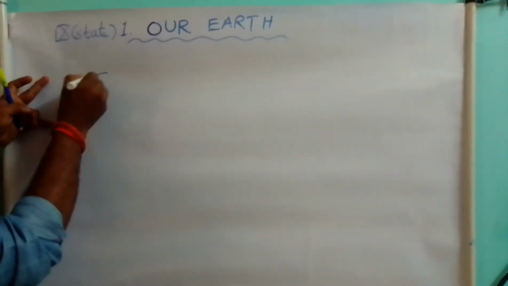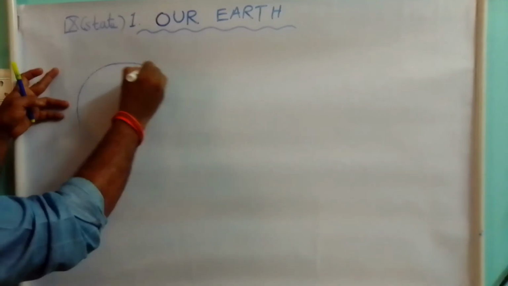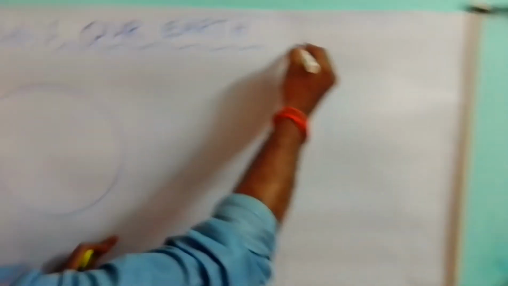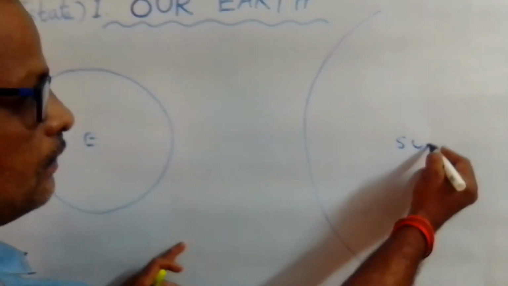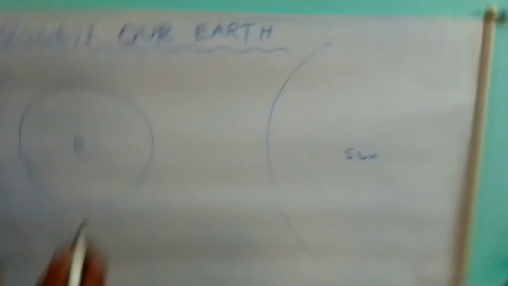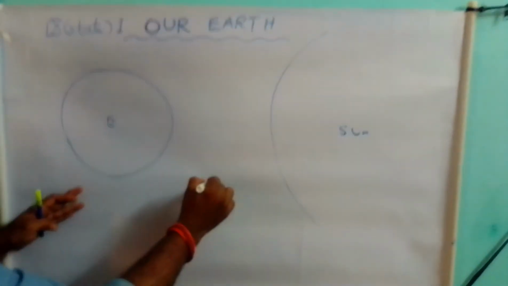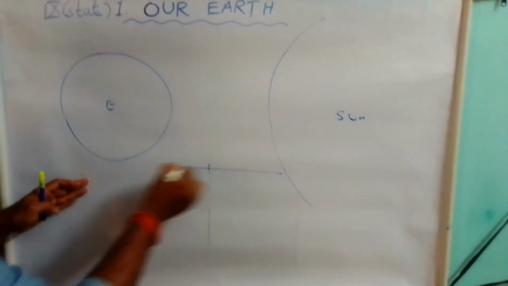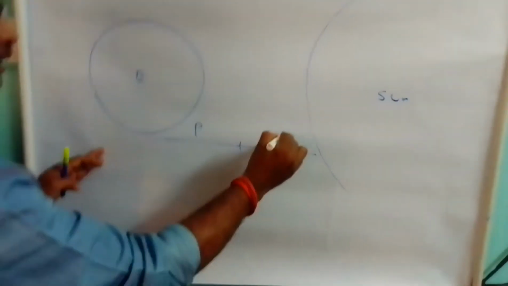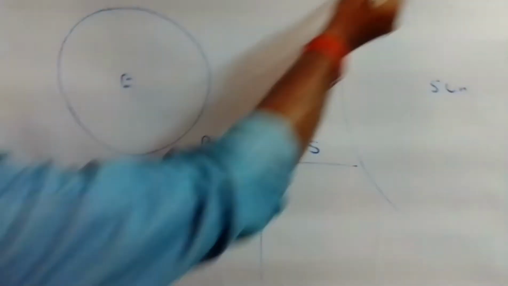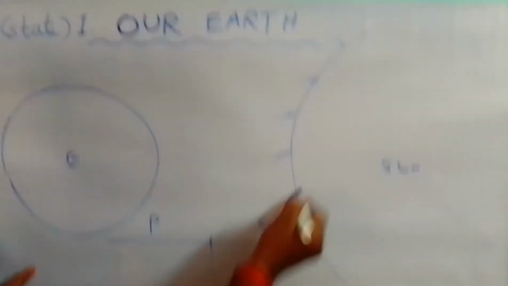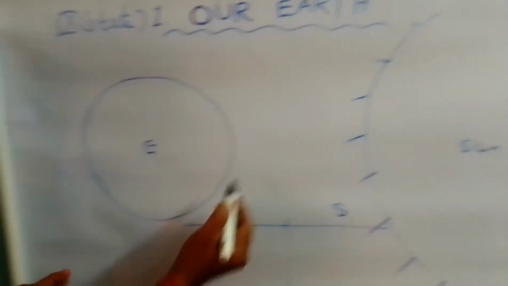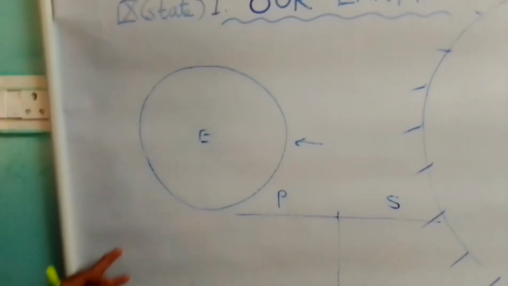We know very well Earth is a planet, whereas the Sun is a star. If we see what the differences are between a planet and a star, we know the Sun is releasing energy and Earth is receiving energy.